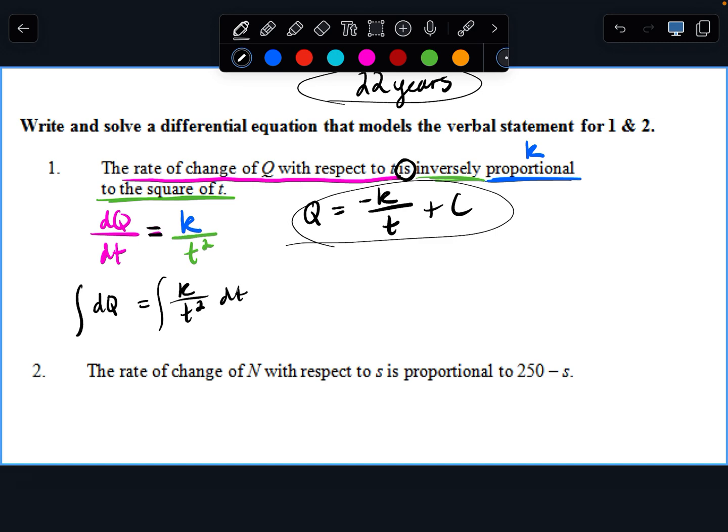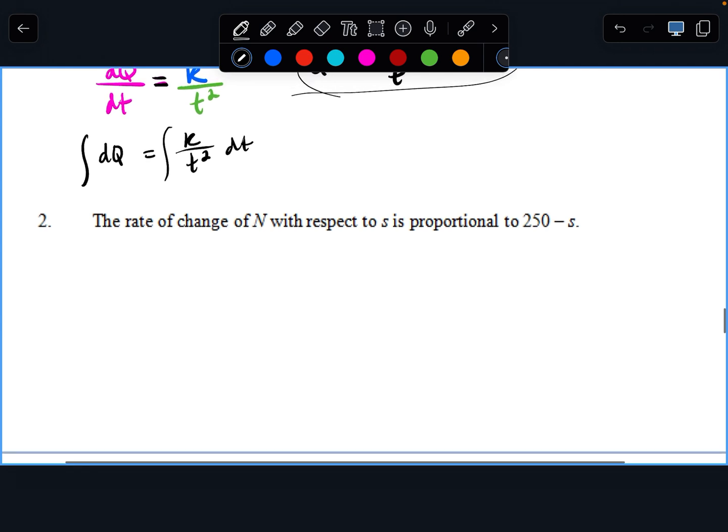So, yeah. Okay, this one. Rate of change of N with respect to S. S, what are we doing with S? Whatever, you just go with it. Rate of change of N with respect to S. DS, gross. It's fine.